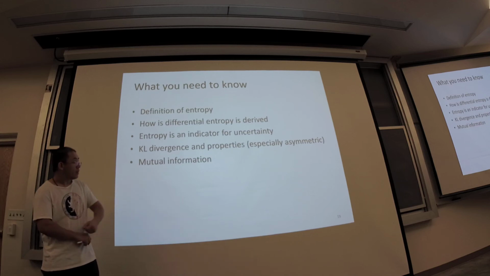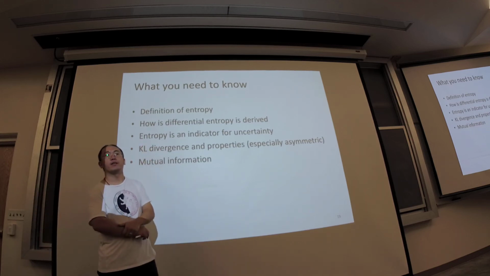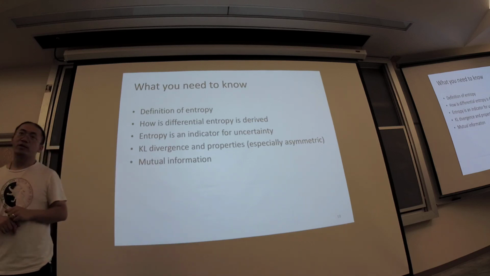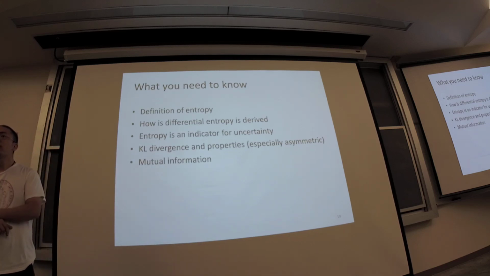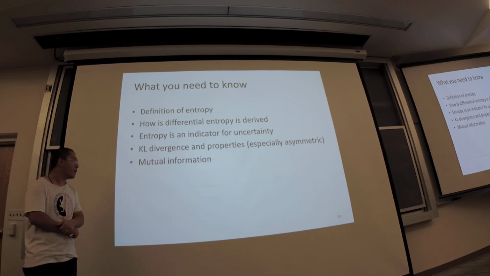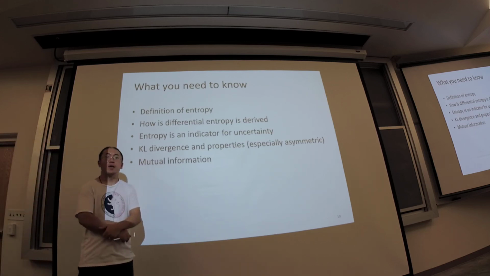And entropy is an indicator for uncertainty. Because Bayesian inference or Bayesian modeling is advantageous in terms of uncertainty quantification, right? So entropy obviously is a good indicator. And KL divergence and its properties.